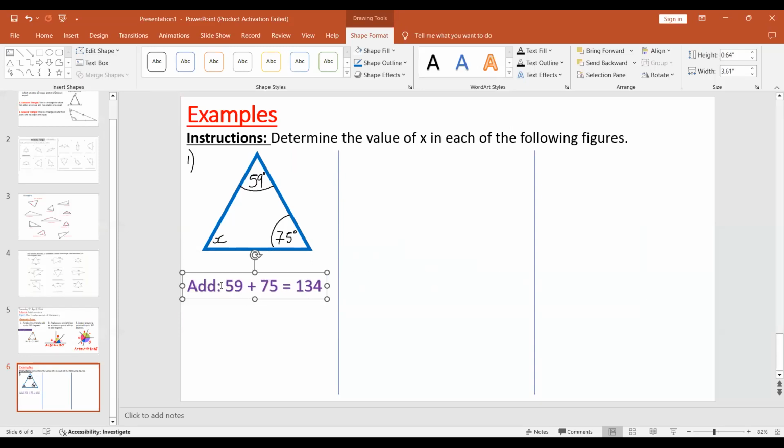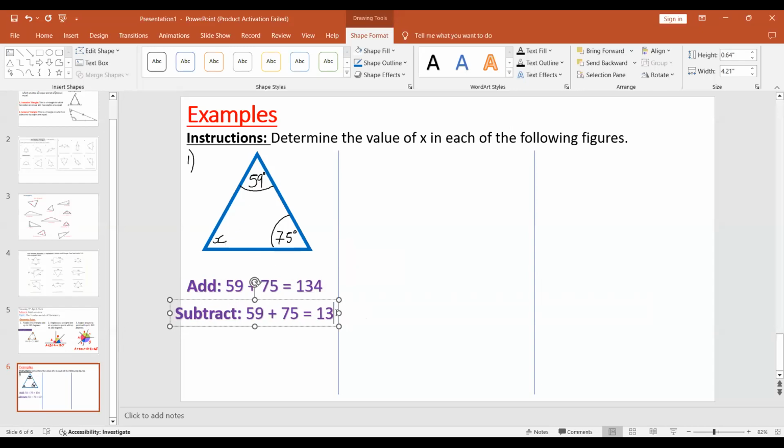Why 180? Because 180 is the number of degrees inside of a triangle. We're trying to find what number adds up to 180. The sum of the interior angles in a triangle is 180.